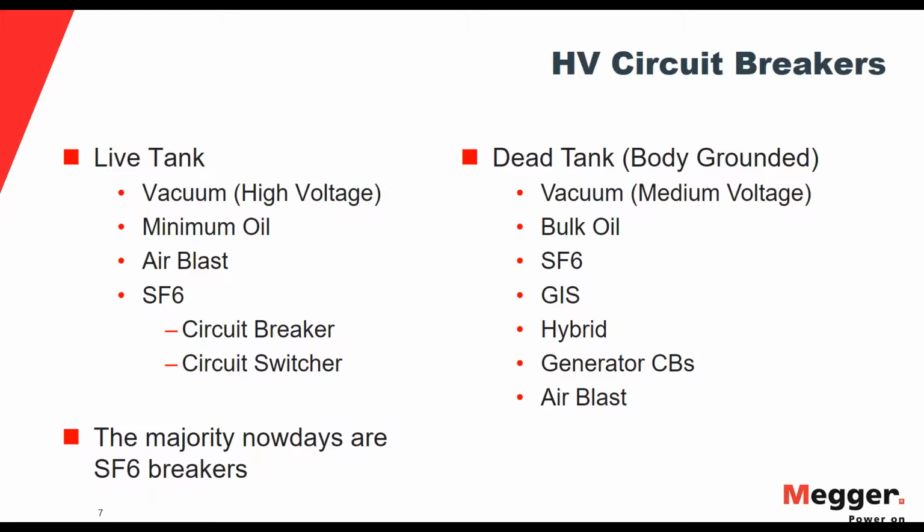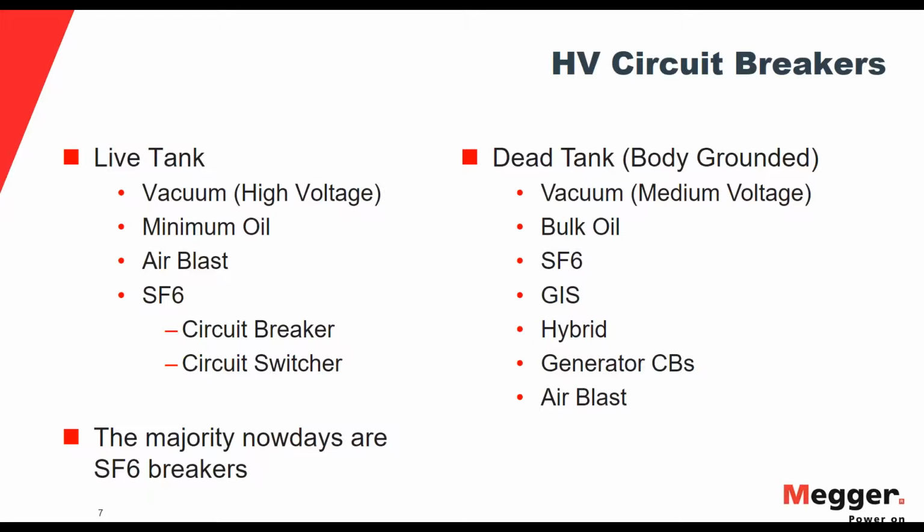For the live tank, meaning that the container of the circuit breaker is considered dangerous and is usually put in a high area, porcelain is used to insulate it. There are different insulating media, for example vacuum, or in older days oil, both bulk oil and minimum oil.